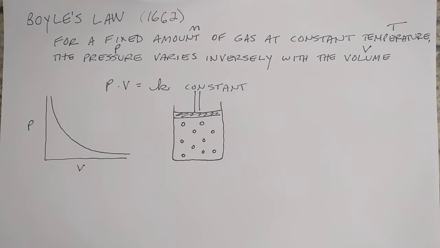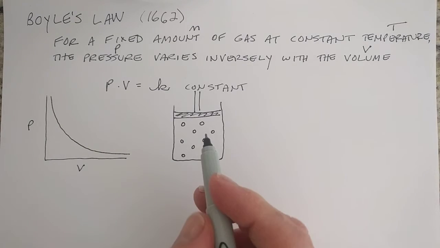So there's our gas. And remember that our gas particles are constantly bumping around into each other and into the sides of the container. And it's the force against the sides of the container that causes our pressure.